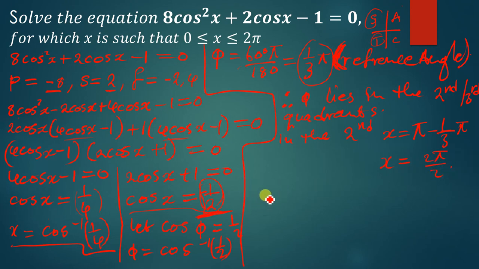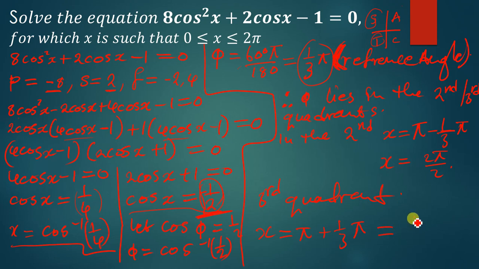And then the second angle is going to be taken from the third quadrant. In the third quadrant, the value of x is going to be equal to the reference angle plus 180, and our reference angle is 1 over 3 pi, and 180 is equivalent to pi, so we say pi plus 1 over 3 pi.